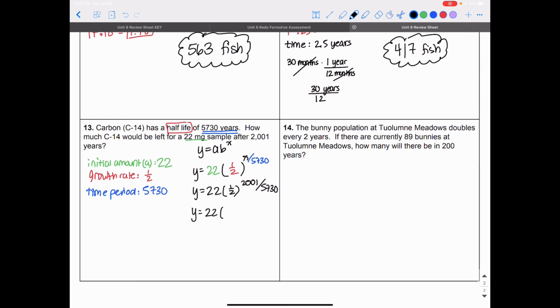So I have 1/2 raised to the 0.3492146 power, and I raise 1/2 to that power, and I get a number, and then I multiply that number by 22, and I get 17 point something, and I'll round to the nearest hundredths place, 17.27 milligrams.